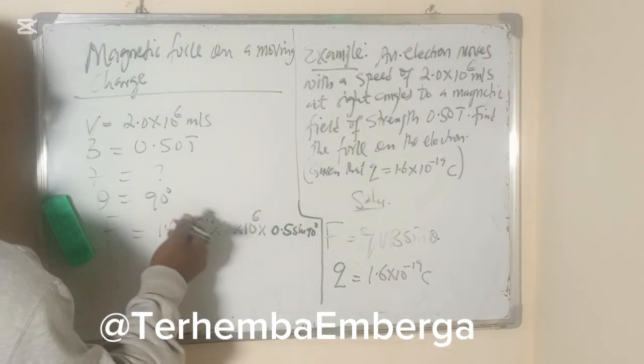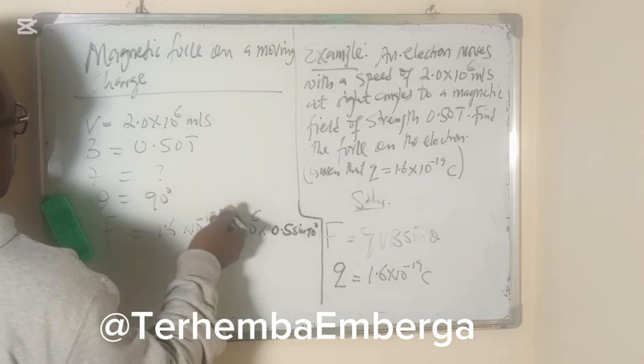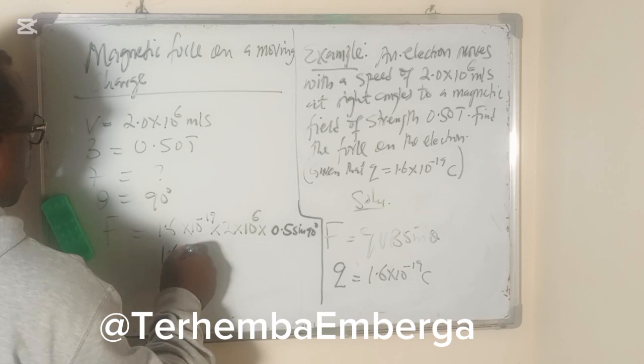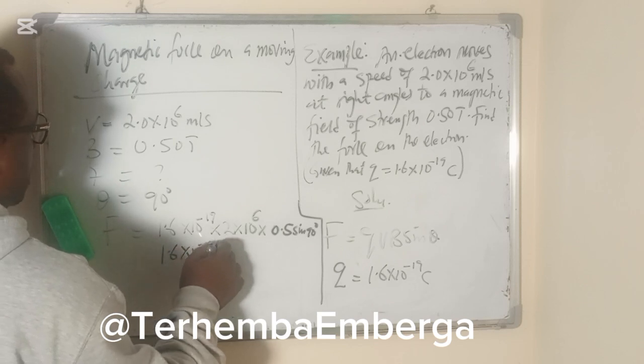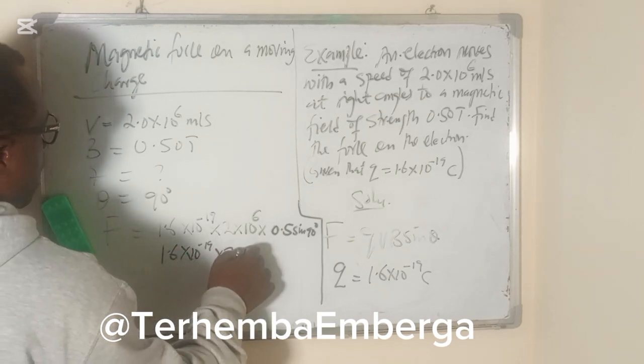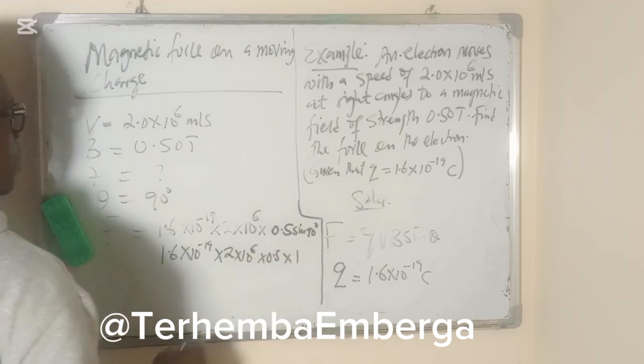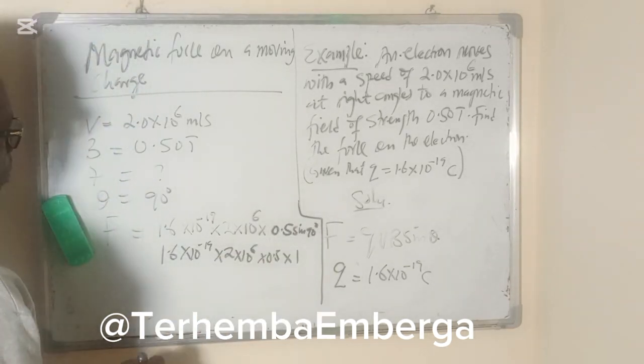So what is sine 90 degrees? It is 1. So we have 1.6 times 10 raised to the power minus 19 times 2 times 10 raised to the power 6 times 0.5 times 1, because sine 90 is 1.